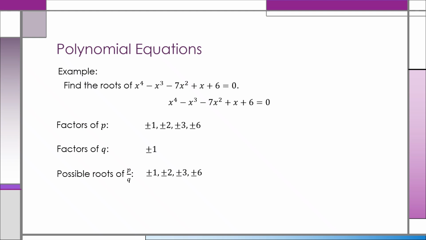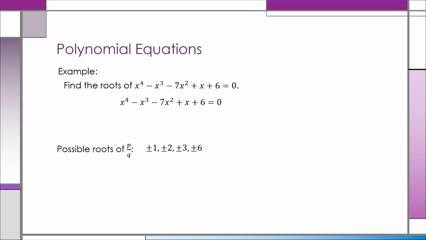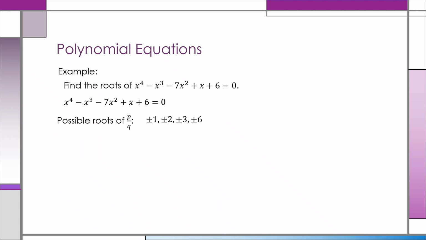Let's have our next step. Our next step is to use synthetic division. Remember that the possible roots of P over Q will serve you as your window again for the synthetic division part.